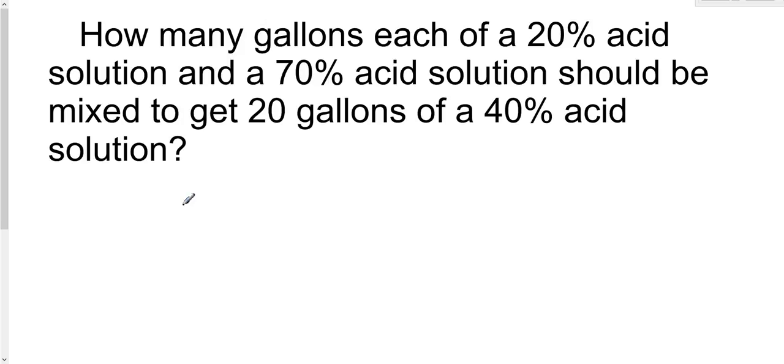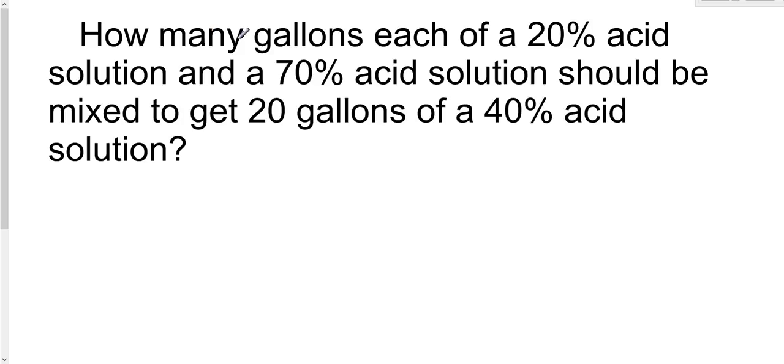In the first solution, 20% of the content is pure acid and the other 80% is just water. In the second solution, 70% is pure acid. This one is stronger, and the other 30% is just water. And we want to mix those together to get a 40% solution.